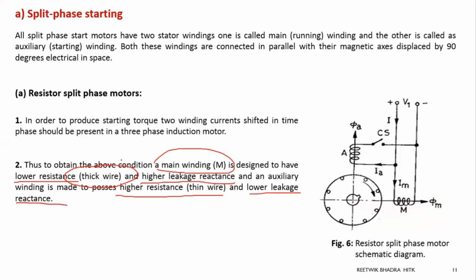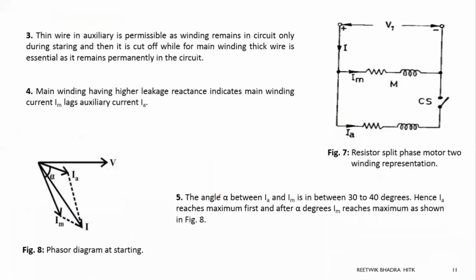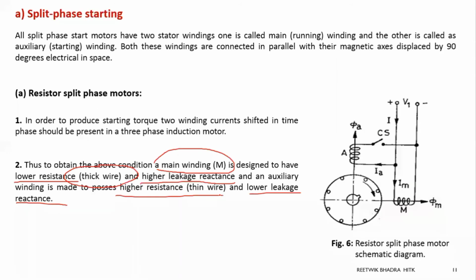Anybody can try: why does the main winding have a thick wire and the auxiliary winding have a thin wire with a high resistance? Why a thin wire with high resistance?